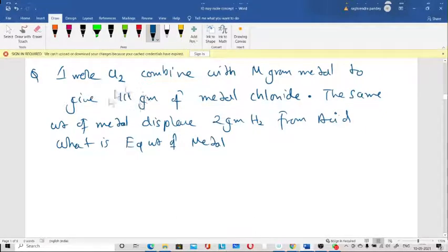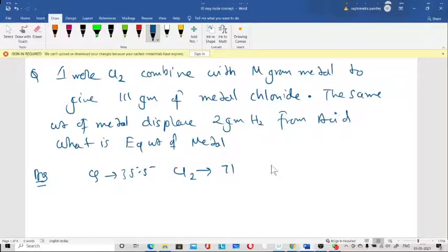Now see, 111 gram of metal chloride, and 1 mole of chlorine. Cl is 35.5, so Cl2 is how much? 71.